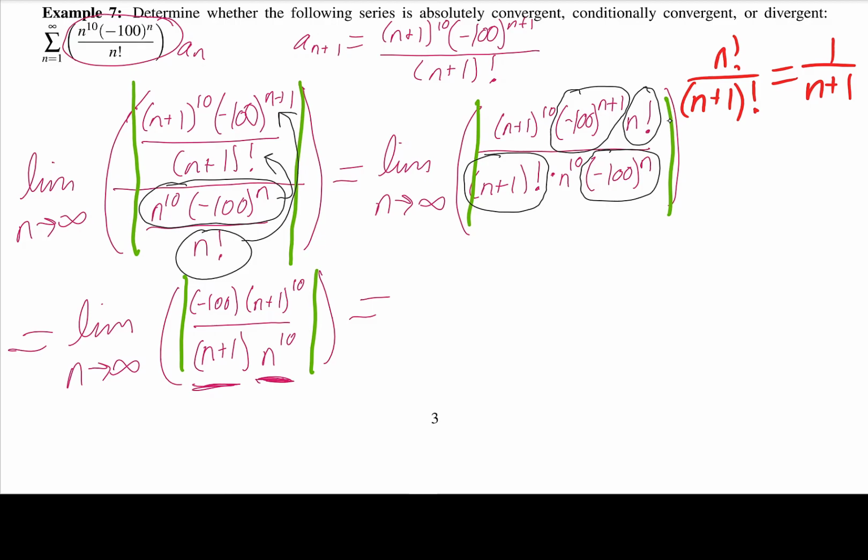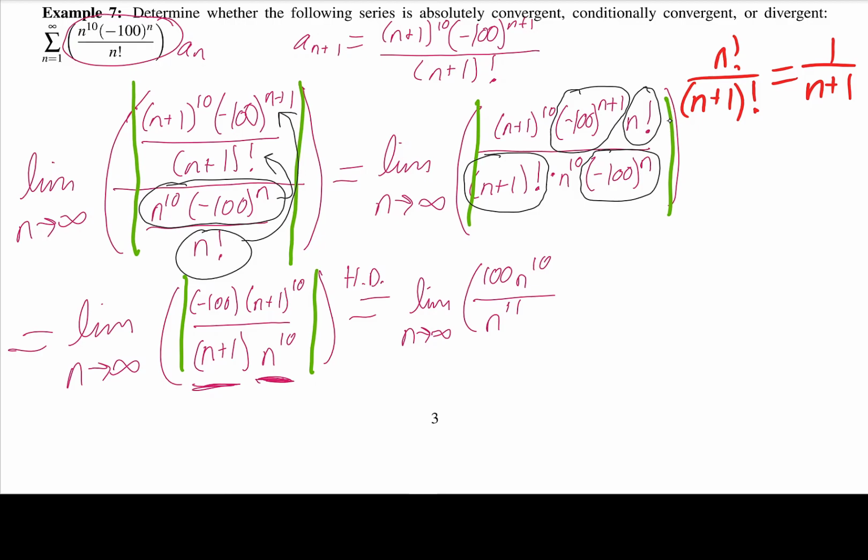So by highest degree, so I'll write HD, this will be the limit as n goes to infinity of 100 n to the 10th over n to the 11th.